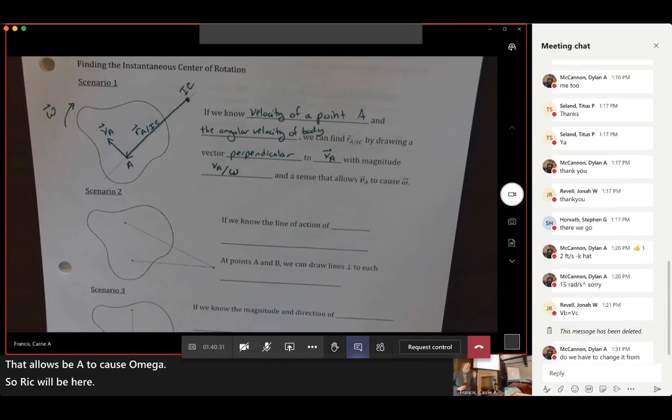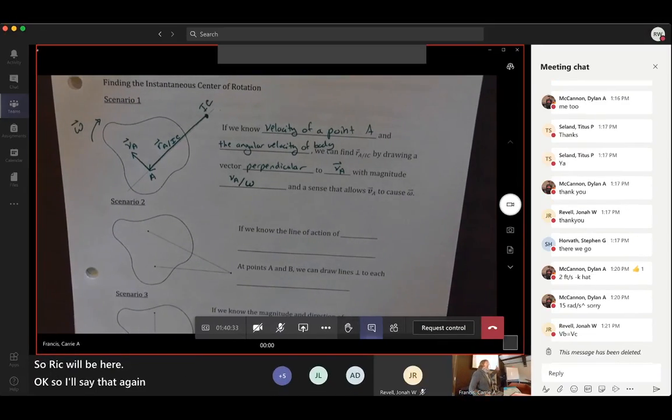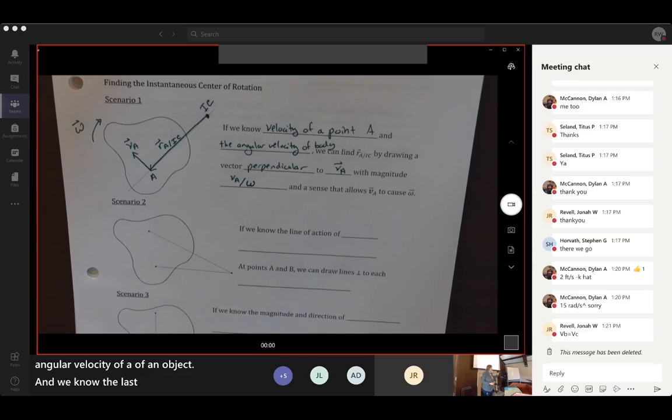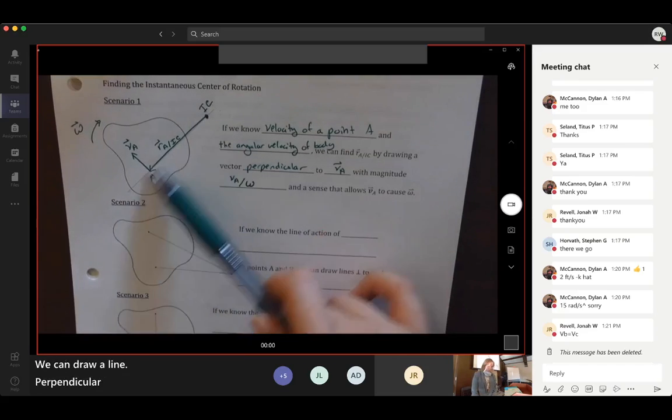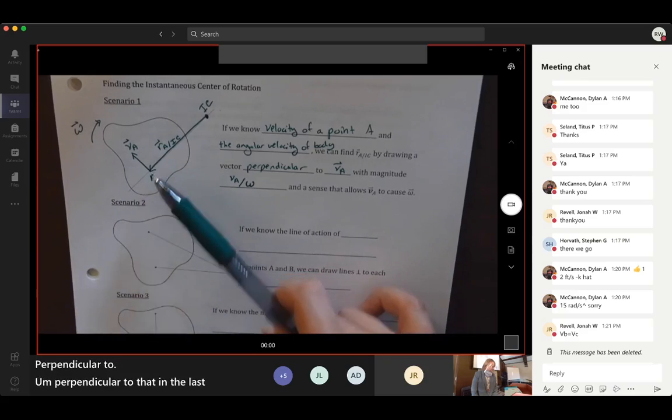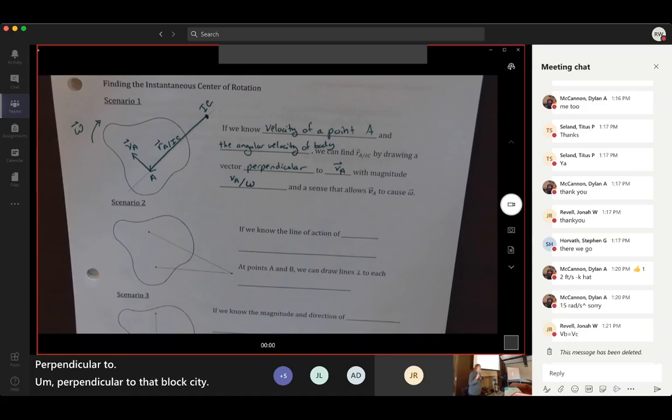Okay, so I'll say that again. If we know the angular velocity of an object, and we know the velocity of one point on that object, we can draw a line perpendicular to that velocity with a length that gives us the right relationship between V and omega.